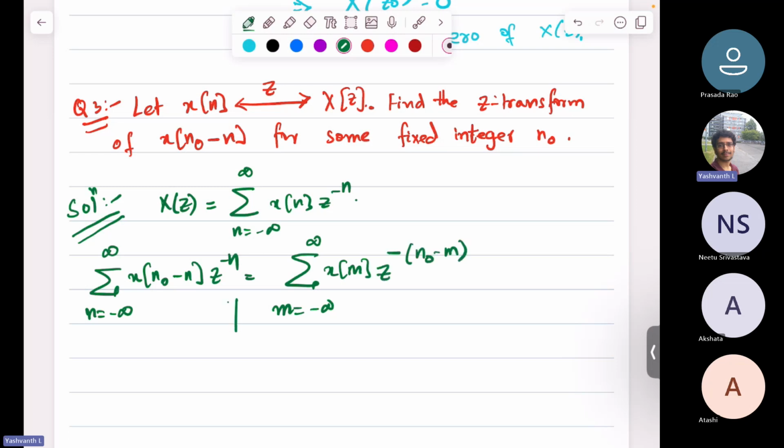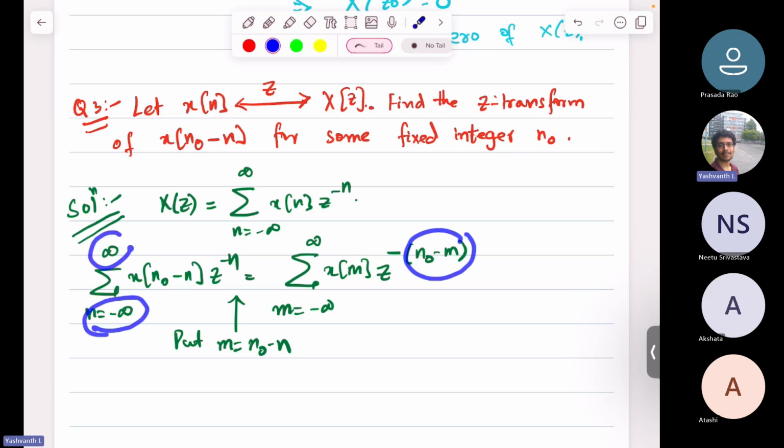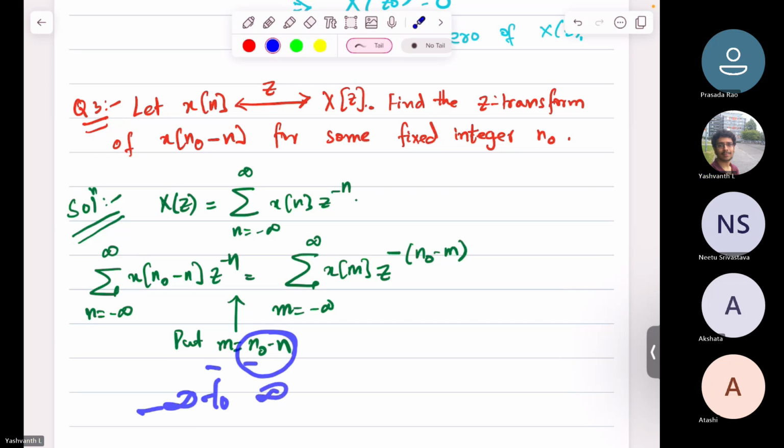How did I get this? Just put m equal to n naught minus n. The limits will still be minus infinity to plus infinity, because if n ranges from minus infinity to plus infinity, then m equal to n naught minus n will range again from minus infinity to plus infinity only.